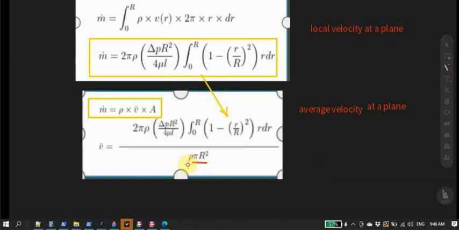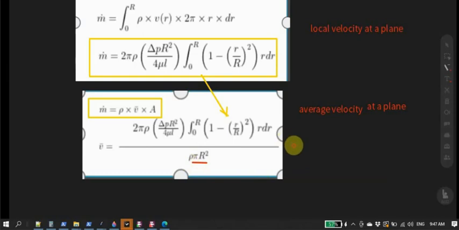So in the first lecture, when we evaluated these values, this gives you the average density of the fluid. So that will be your quiz.